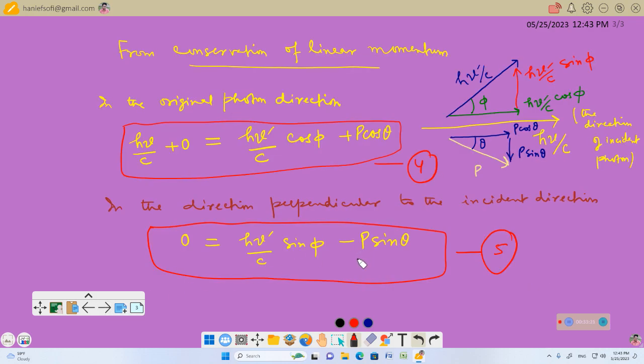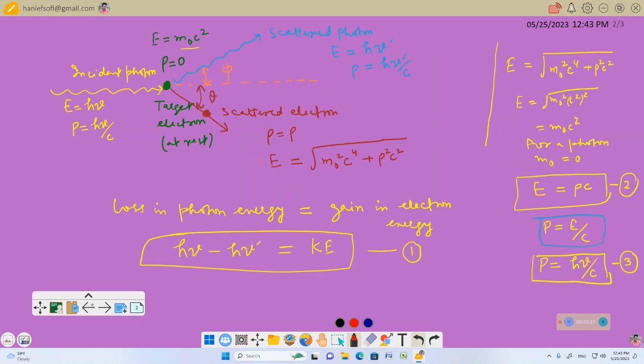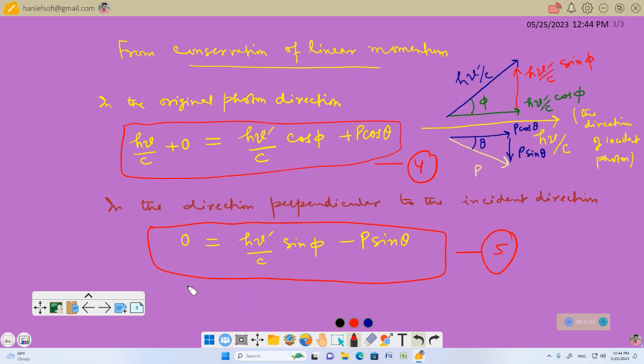So our next step is what? We have to use equation 1, that is the equation from conservation of energy, and equations 4 and 5, which we got from conservation of momentum, to find a formula that relates the wavelength difference between incident and scattered photons with the angle phi between their directions, right?